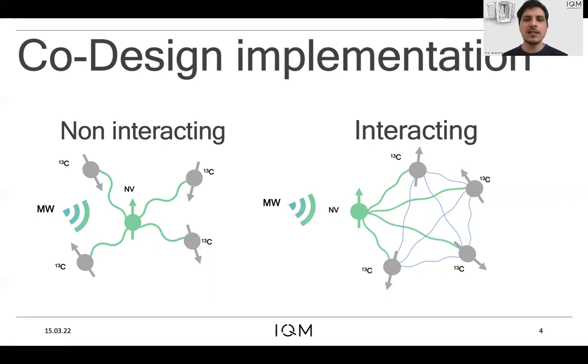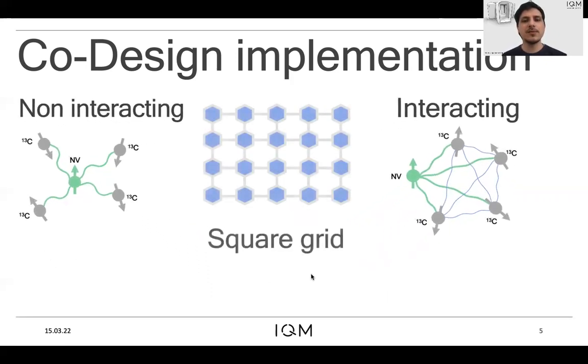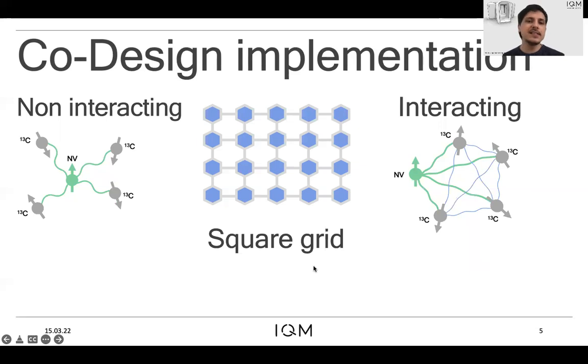But if we want to simulate these using a more standard approach, we could, for example, use a square grid. Since this is not an all-to-all connected chip, we would require a swap routing, or to insert some swaps around, to be able to perform all those interactions that are not natively present in our chip.